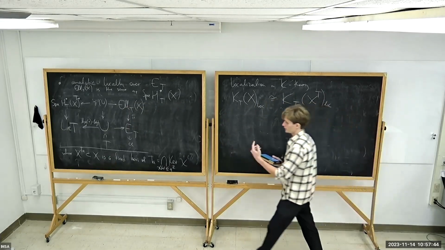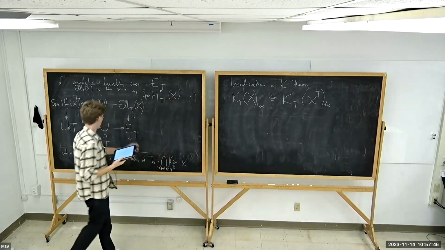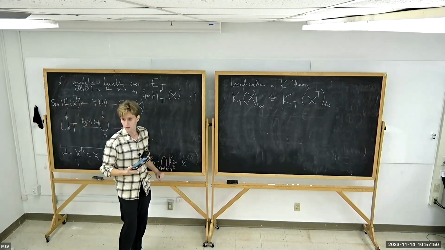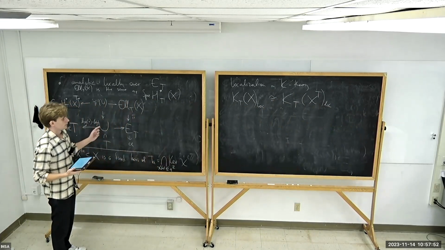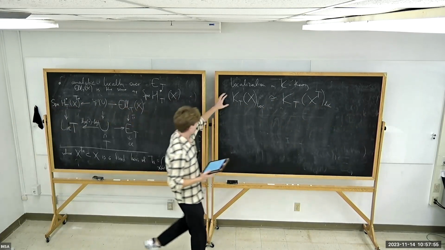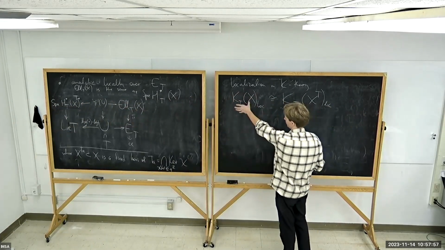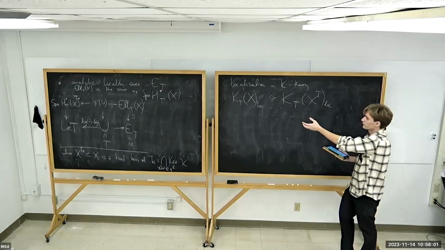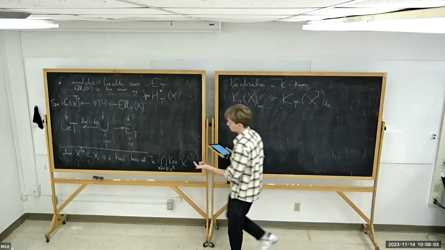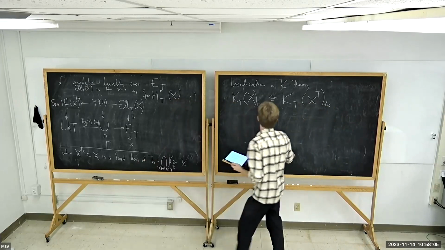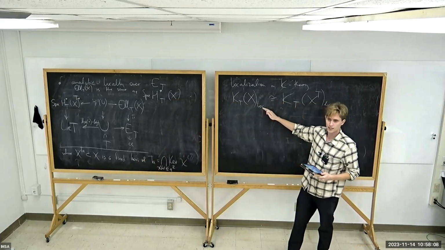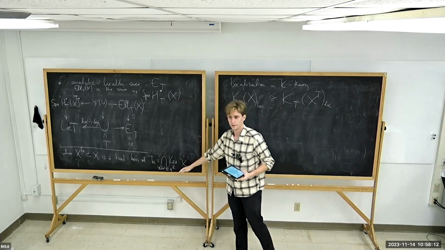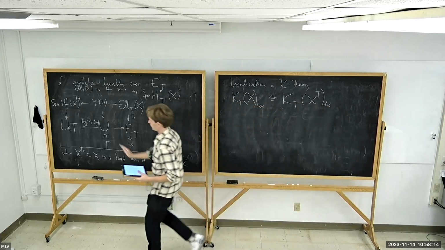And so over the generic point A in here, which is not killed by any characters, the spectrum of K-theory of X is going to be the same as the spectrum of K-theory of the fixed locus. However, for special points, what could happen is that some of these characters with respect to which you have to localize will vanish at this point. And so that's why we have to do this.